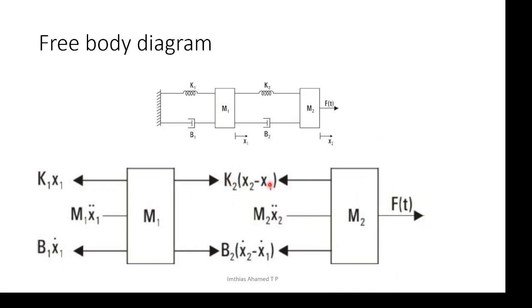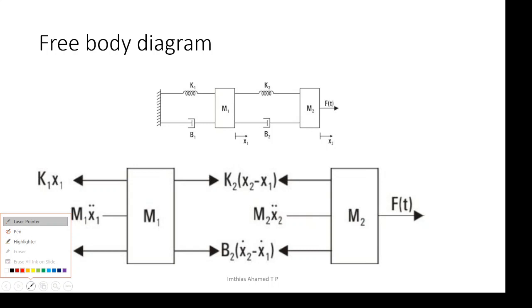Free body diagram for the second mass m1 is easy because we know these two forces. The opposing force will be because of this spring. This end is fixed. This line shows that this end is fixed. K1 into x1, m1 into x1 double dot and b1 into x1 dot. So I will get one equation.